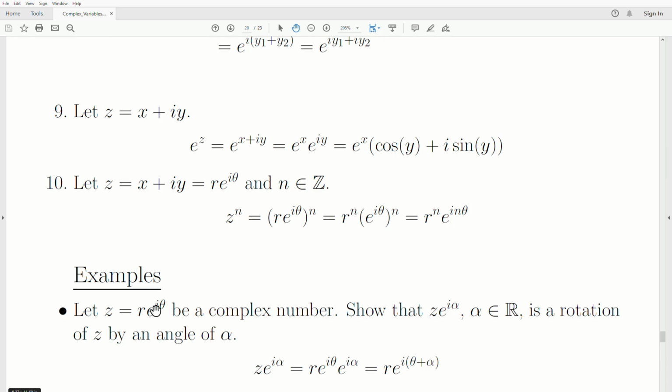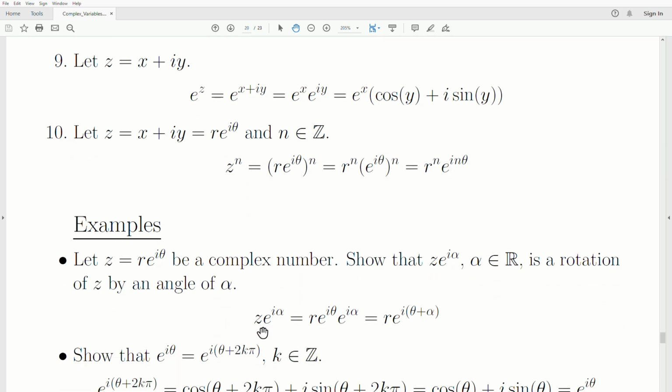If you rotate it, literally keeping the anchor at 0, 0 and just rotating it by an angle of alpha, that's what this represents. So z times e to the i alpha, well, z can be thought of as this in polar form, where we add the exponents. And this is a new complex number with angle theta plus alpha, which means it's a rotation.